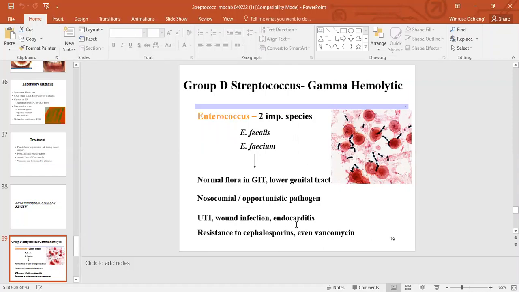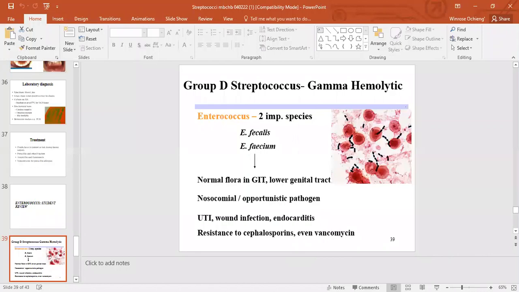These are the infections that they cause: urinary tract infections, wound infections, and endocarditis. Also, Enterococcus faecalis, years earlier, was not a problem to treat with the normal antibiotics, but we are now seeing resistance to cephalosporins and also vancomycin.